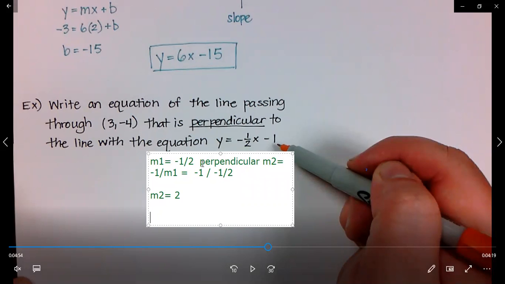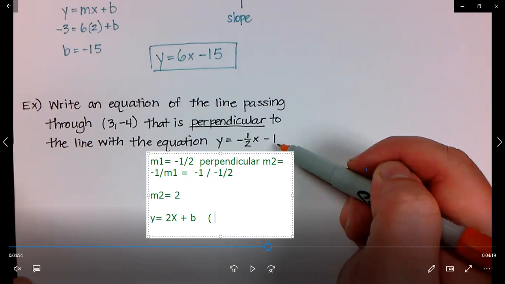We will go back to the original equation in the slope-intercept form, and we will write y equal m x plus b. What's your problem now? My problem is to find the value of b.